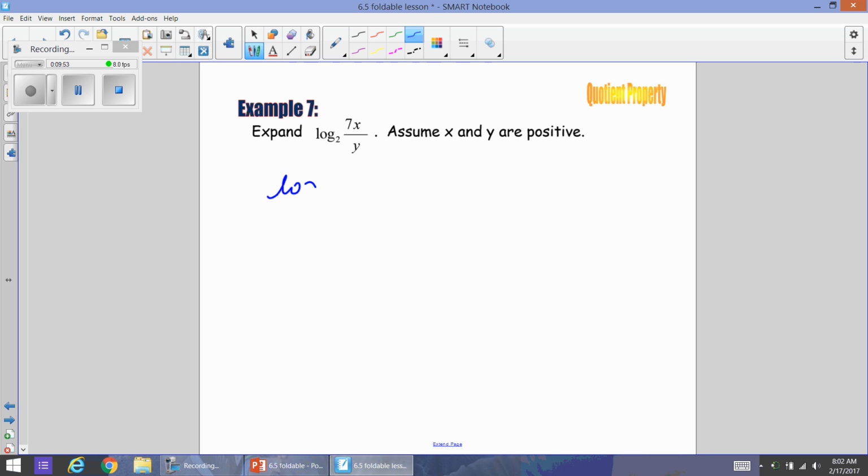So there are two ways of starting this problem, but I personally do this. I say, that division line is my subtraction, and I break it up. I say log base 2 of the whole numerator. See, I put the 7 and the x here, minus log base 2 of y.